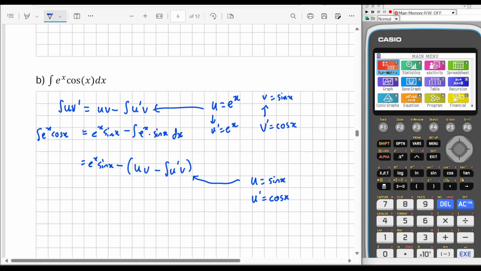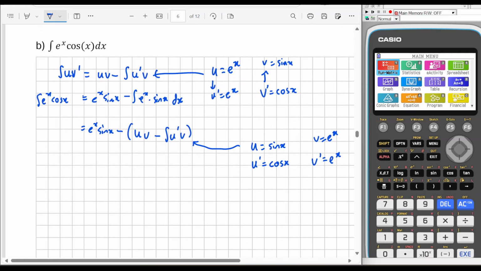And then v dash would be e to the x. So v is e to the x. Good. Actually, I lied. I think I do have to pick it the other way around. That's my bad.